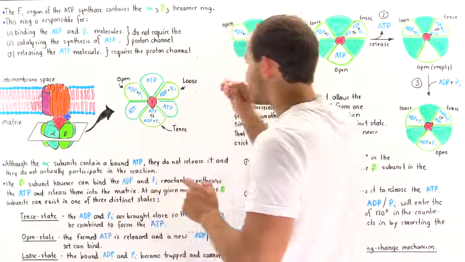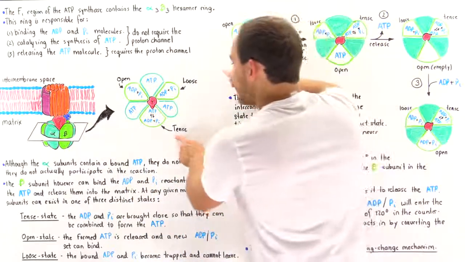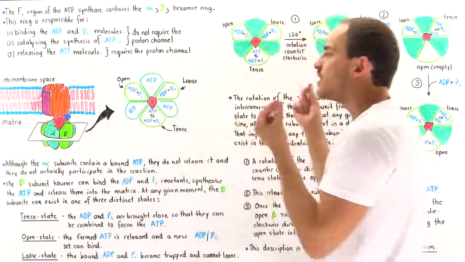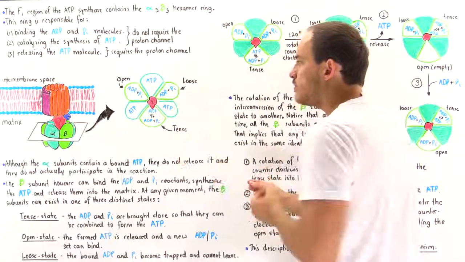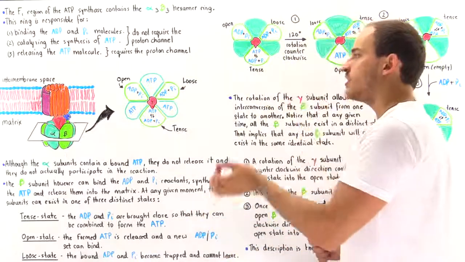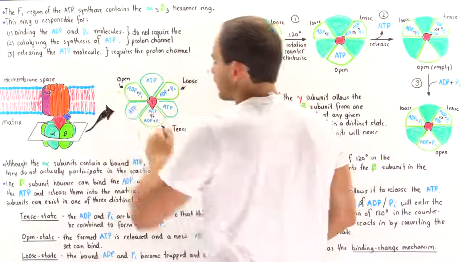And I have to emphasize the following important point. The tense state and the loose state will not release the ATP molecules or the ADP and orthophosphate molecules. They're only released in the open conformation.